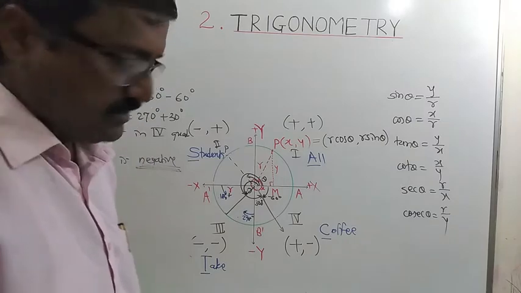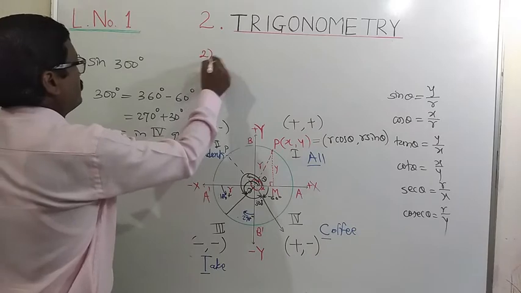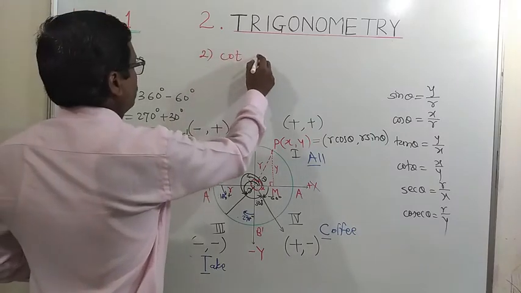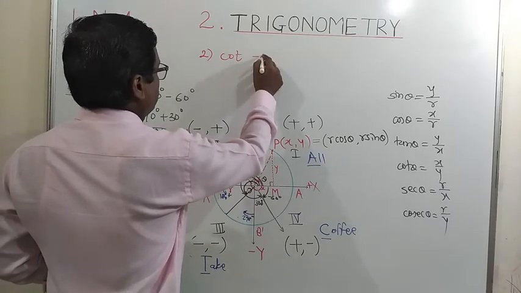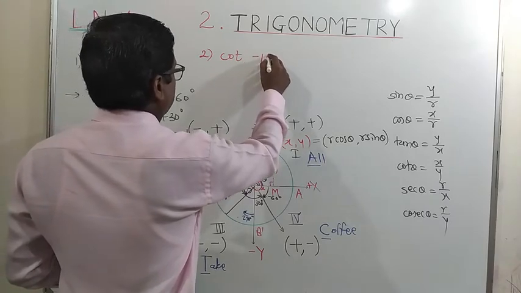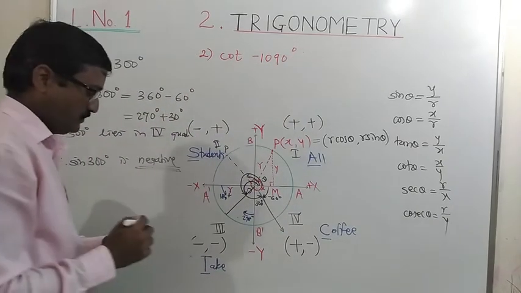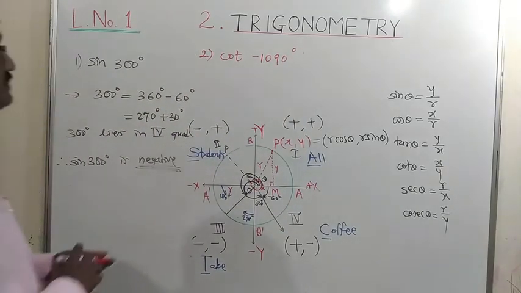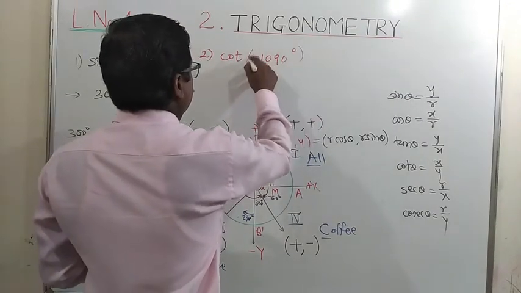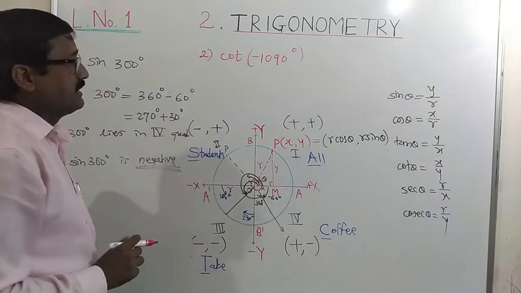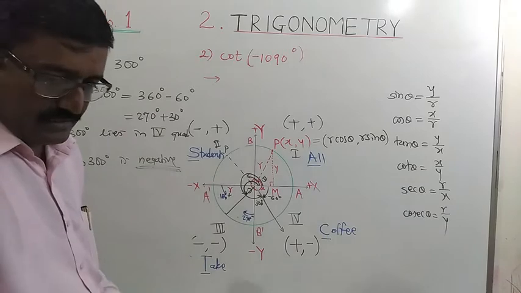Similarly, let us see the second one, that is cot of minus 1090 degrees. This is cot of a negative angle, minus 1090 degrees. Let us see negative 1090.